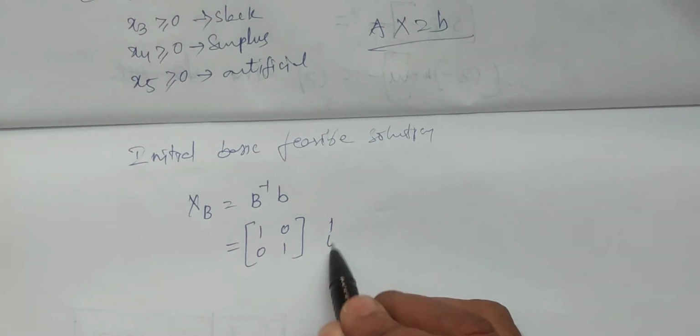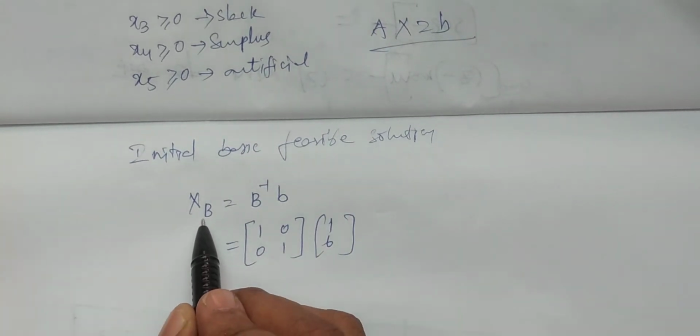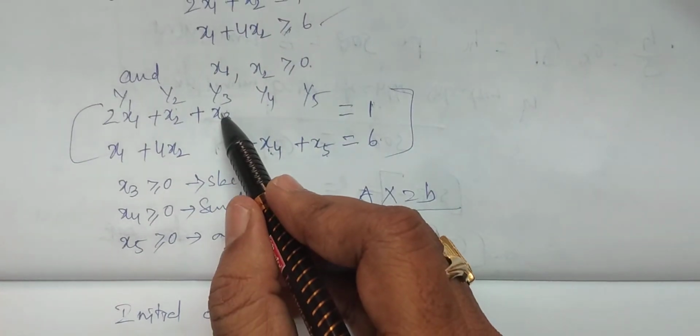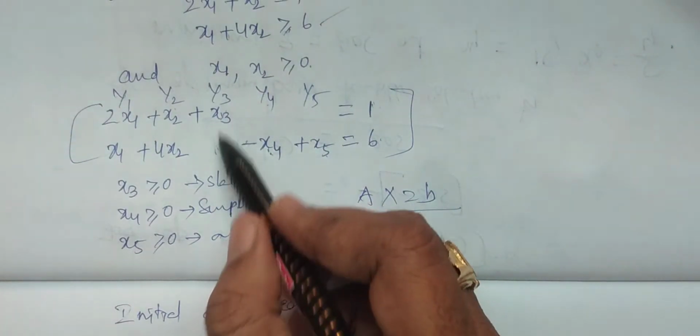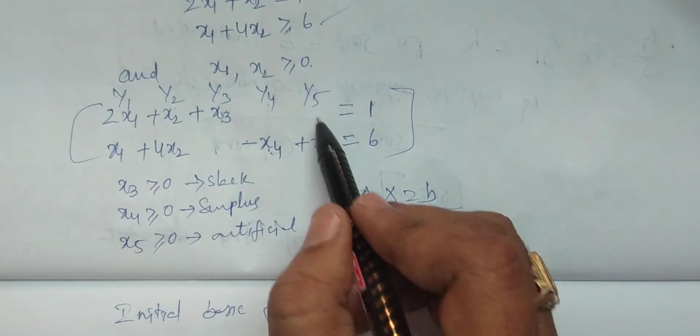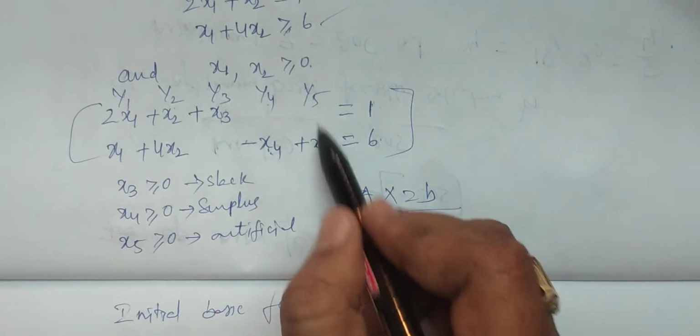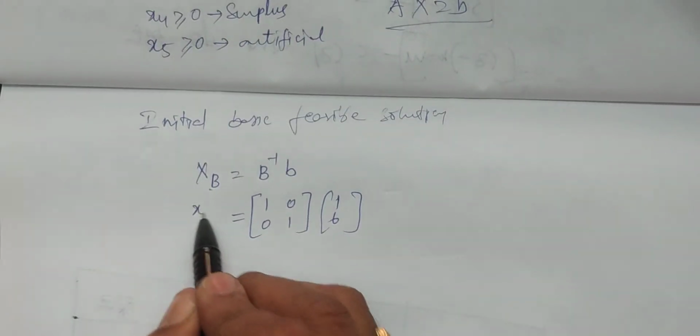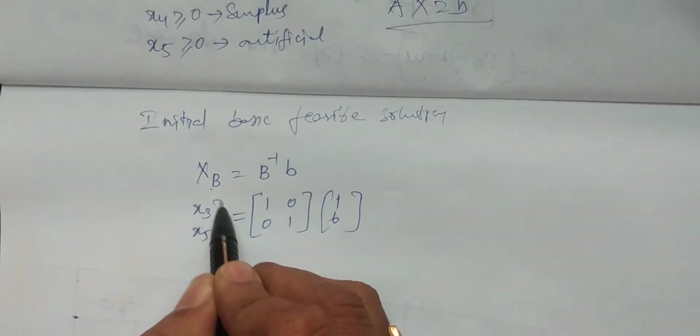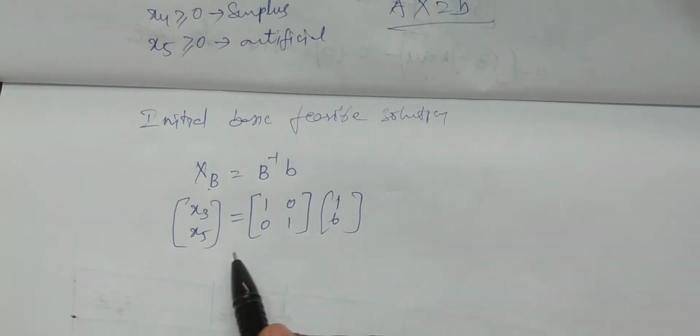And what are the values of xB in the basis? In the basis we have y3, the vector 1 0, so therefore x3, and y5, 0 1, so therefore x5. So xB in the basis is x3, x5, the vectors corresponding to y3 and y5.